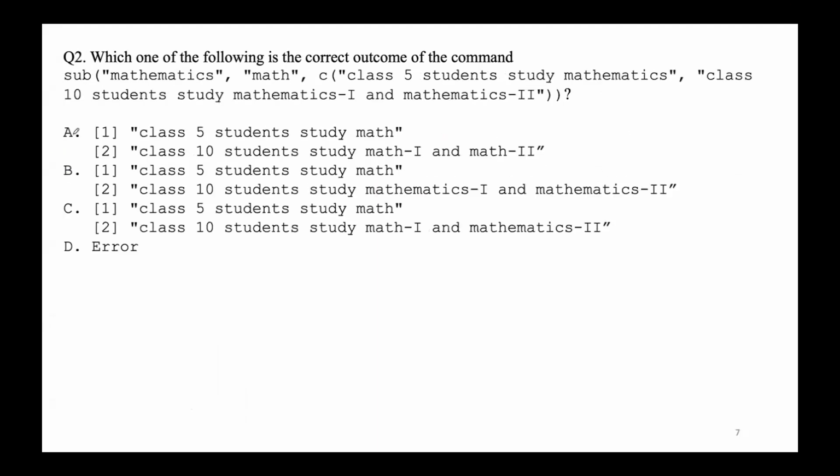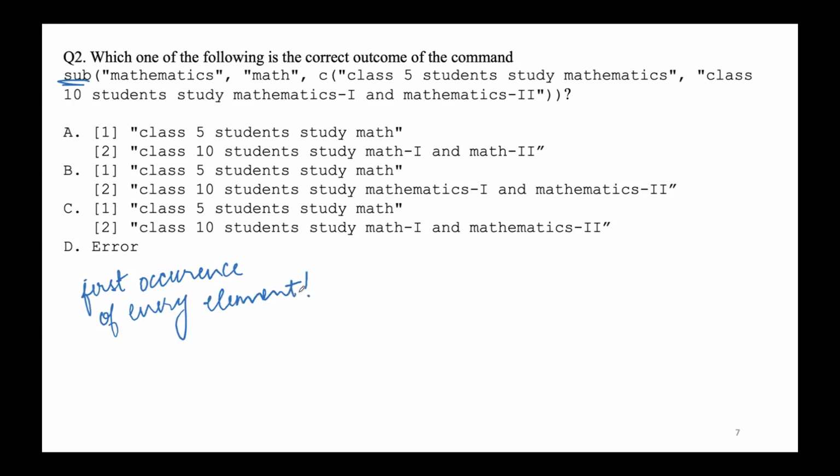Okay. Now this one, it's the sub function rather than gsub. It's just sub. Okay. Now, we know what sub does. It's going to change the first occurrence, but maybe something which I did not make clear was the first occurrence of every element.